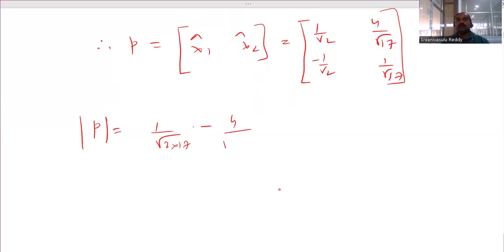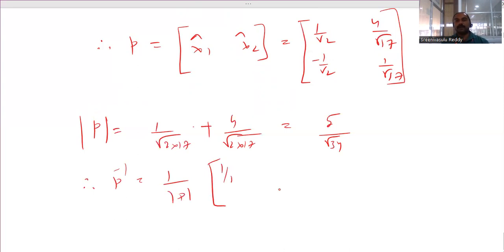Four by root 2 into root 17. That means root 2 into 17. Totally 5 by root 34. This is the determinant. Therefore, P inverse equals 1 by det P into the matrix, interchanging the diagonal values, 1 by root 17 and 1 by root 2, and changing the sign of the off-diagonal elements.